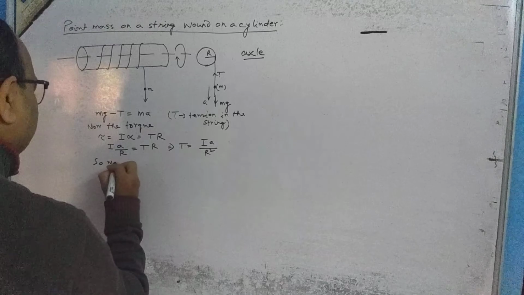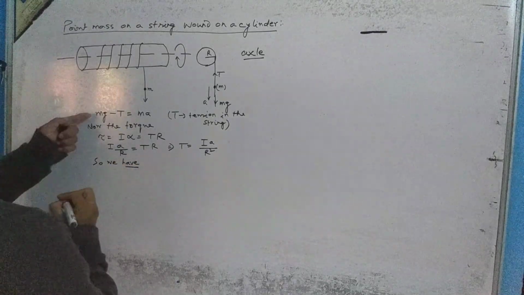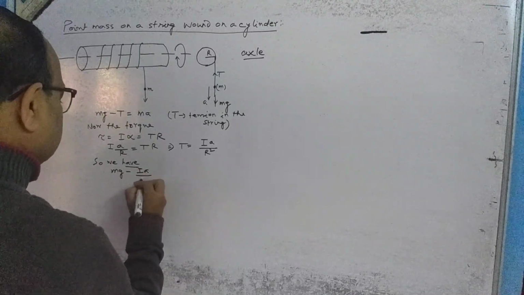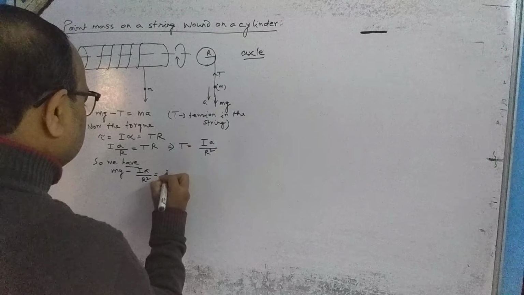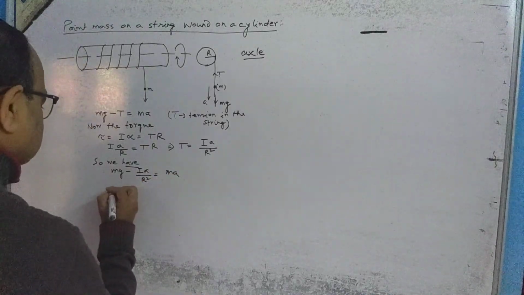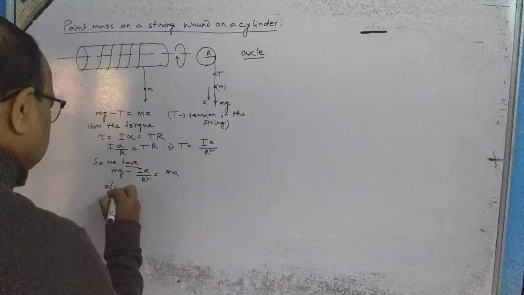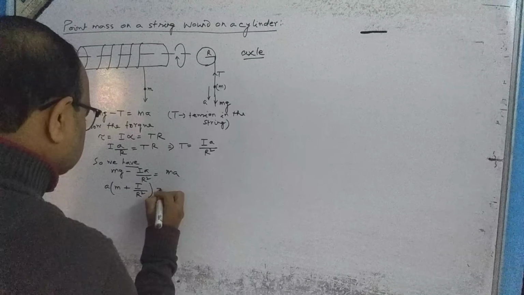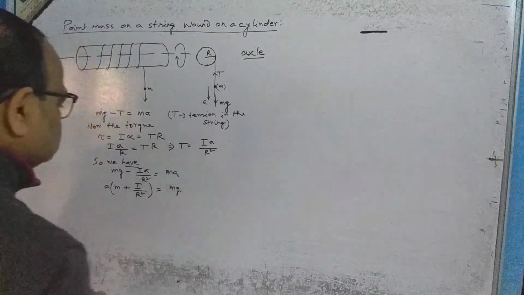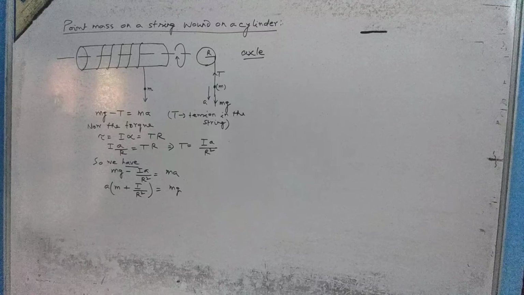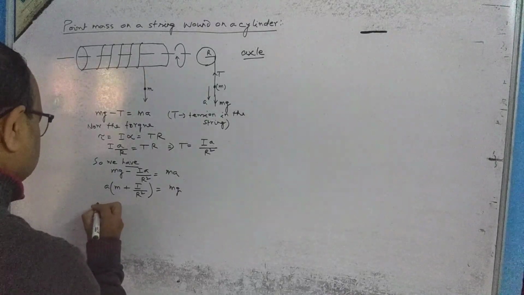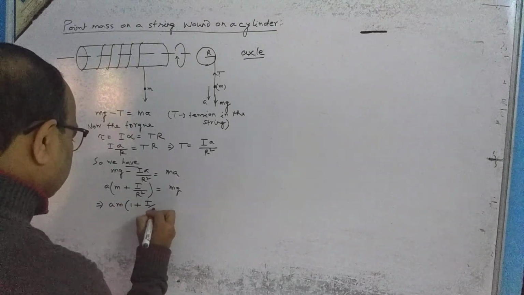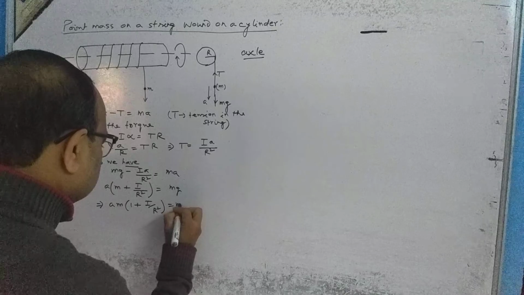From the above equation, we have mg minus I a by R square is equal to ma. Or we can say here a is common: a into (m plus I by R square) is equal to mg.